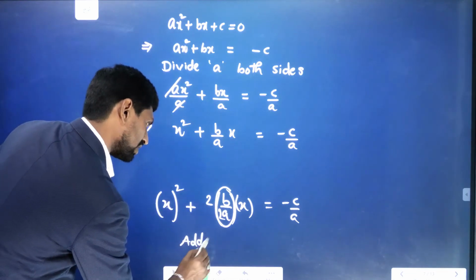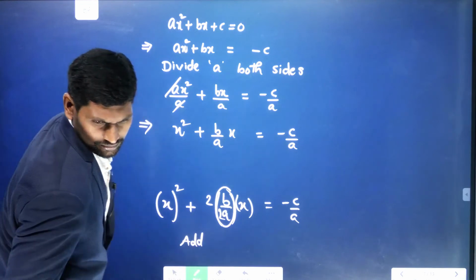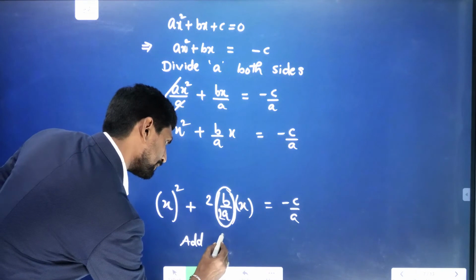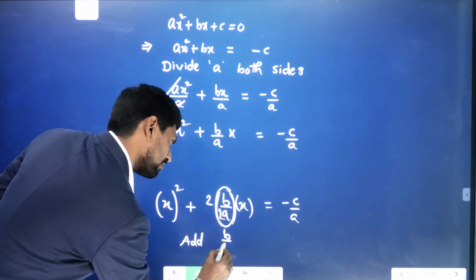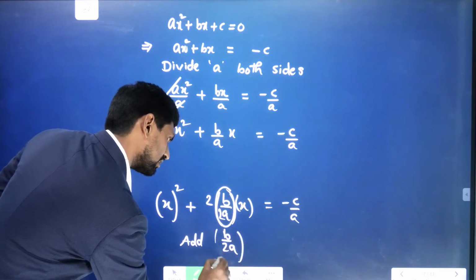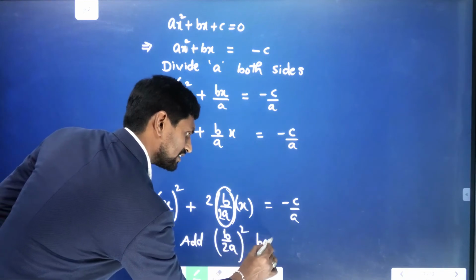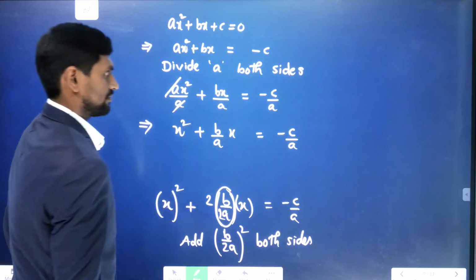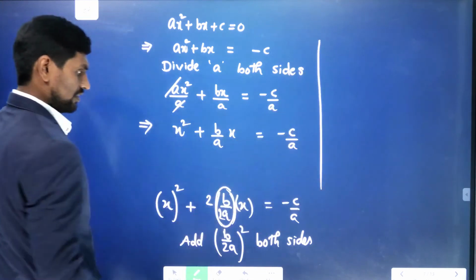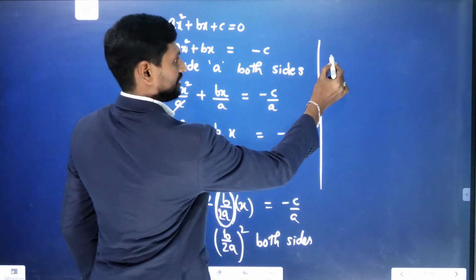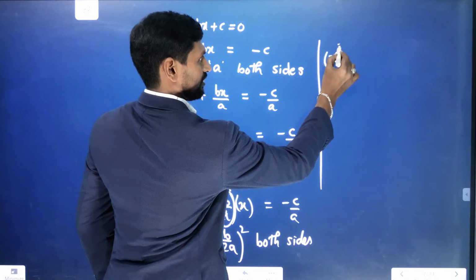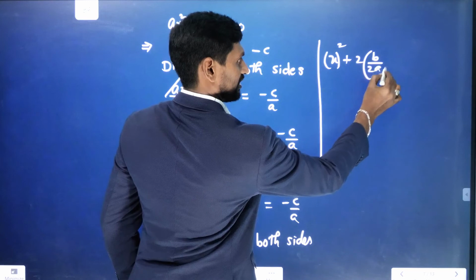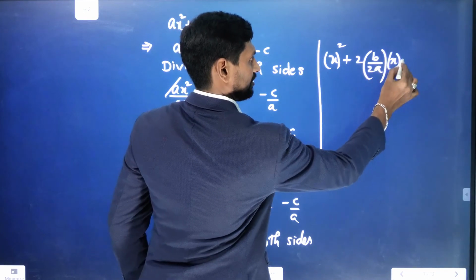B square means what? B square means b by 2a whole square, both sides. Now it will be a square plus 2ab plus b square.